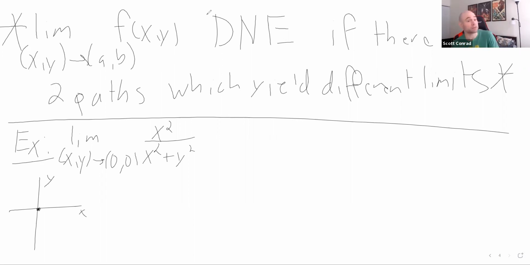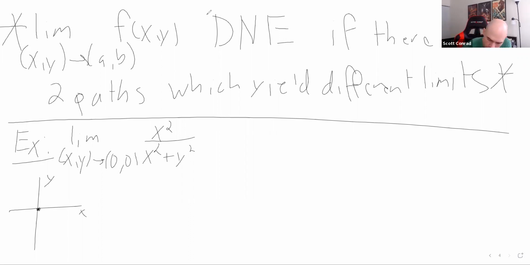Keep in mind, this is not the graph of the function. This is just where x and y live. So we want to approach (0, 0). Let's see if we can find two different paths, evaluate the limit along those, which I'll show you how to do, and then see if we get different results. If we get two different limits along two different paths, then the limit does not exist, because the limit along every single path to (0, 0) has to be the same if the limit does exist.